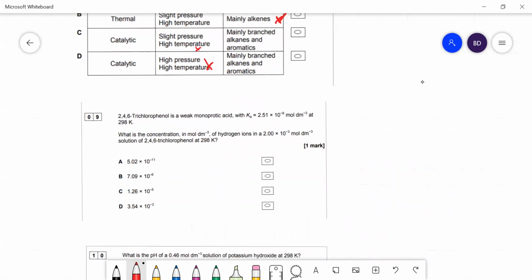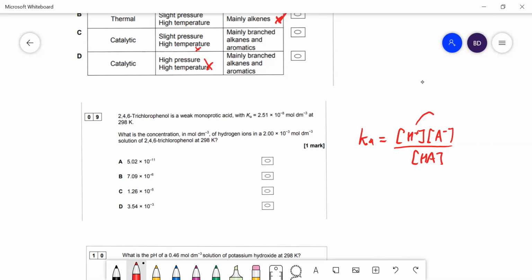Right, trichlorophenol is a weak monoprotic acid, and it gives you the Ka there. The concentration of hydrogen ions. So remember, when you've got a weak acid, we have Ka is equal to H plus times the conjugate base over the acid.